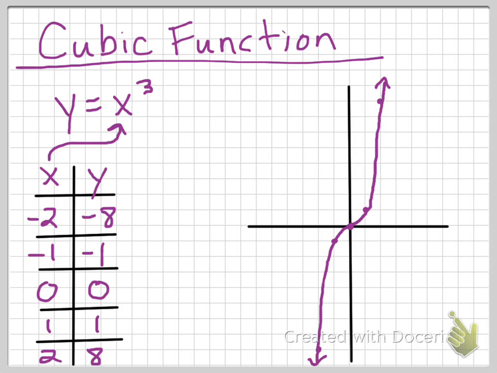Okay, so if you see any graph that looks something like this, it's going to be a cubic function. Okay, it could be pointing up on the left and down on the right. Or it could be way over here or up high or down low, doesn't matter where it is. If it looks like this shape, then it's a cubic function, and that means that the equation has an x to the third power.